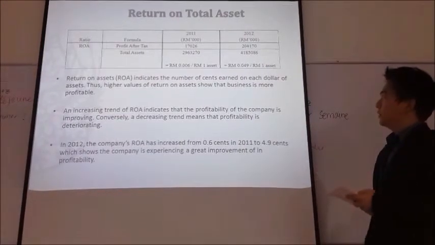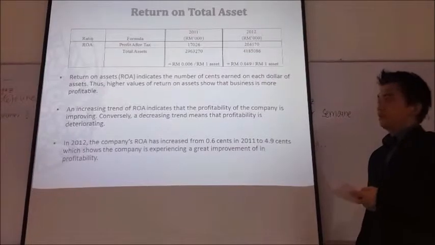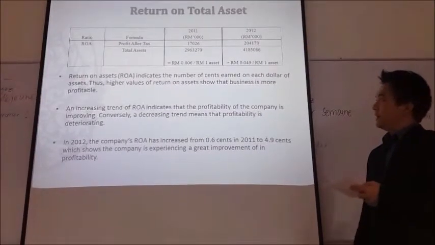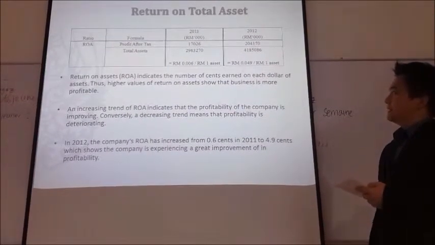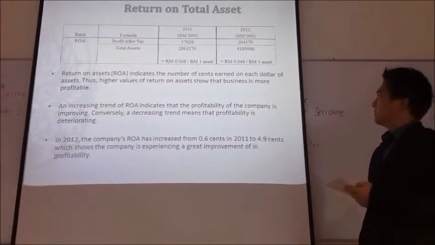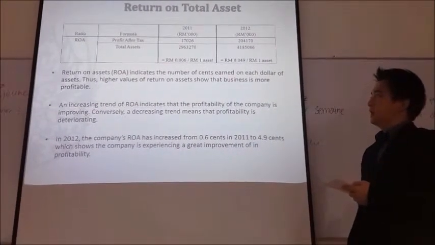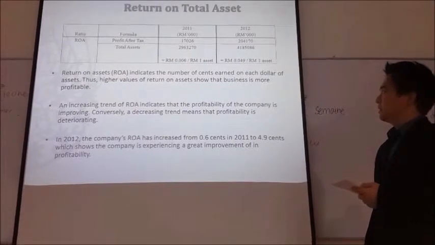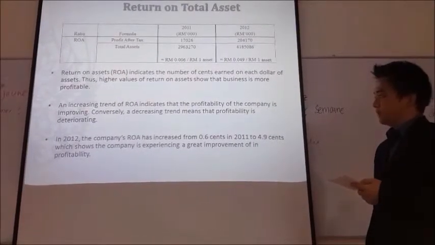And then return on total assets. Return on total assets, or ROA, indicates the number of cents earned on each dollar of assets. Thus, a higher value of the return on assets shows that the business is more profitable.